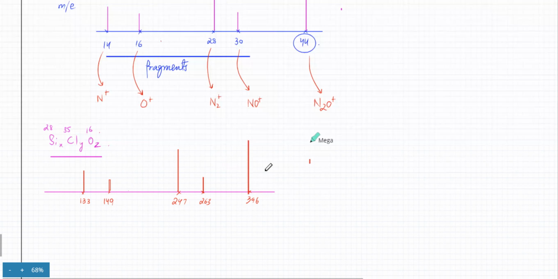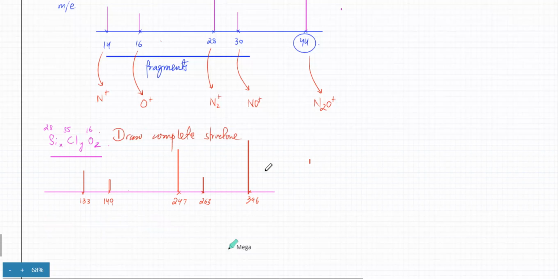So this is the mass spectroscopy, and they've said that it contains silicon, chlorine, and oxygen, and they're asking you to draw the complete structure of this molecule, showing all bonds, each and every bond. You have to somehow figure out what the structure is.